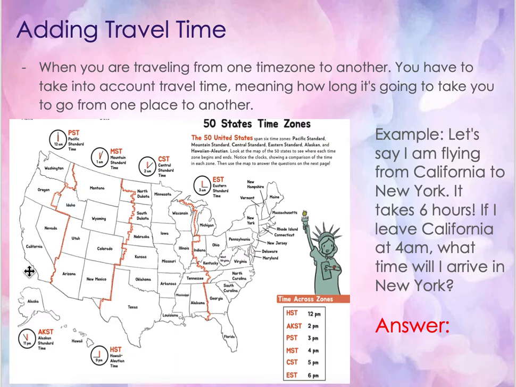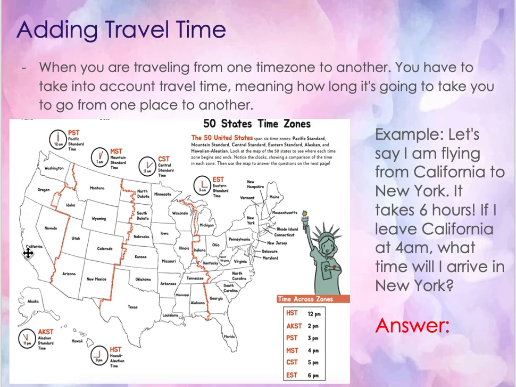So I find my spot, California, New York is over here. So I'm going to be traveling to the right, to the east. So then that means I will be adding in my time zone. So you already know the direction. Then I'm going to figure out how I change my time. So let's first figure out the time zone time change, and then we'll add the traveling time.